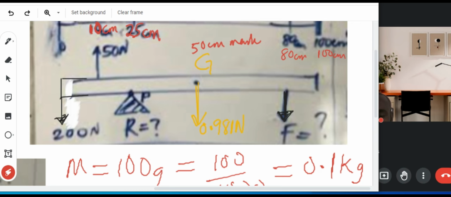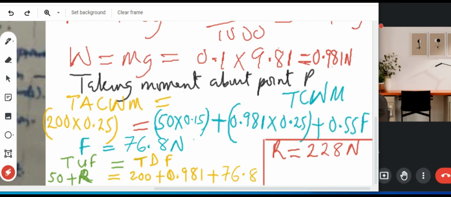So all the forces acting upwards are 50 Newton and R, while the forces acting downwards are the 200 Newton, the 0.981 Newton, and the F that we just found. So the upward forces, 50 and R, will be equal to total downward forces, which are 200, 0.981, and F. So we can state that total upward forces equal total downward forces.